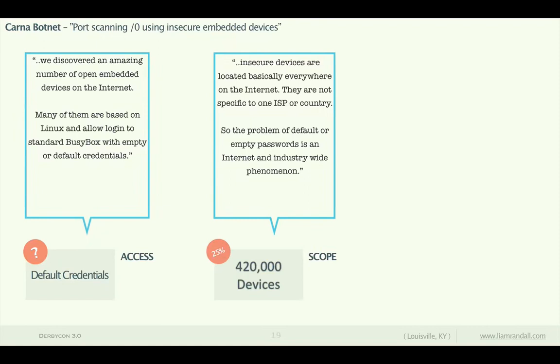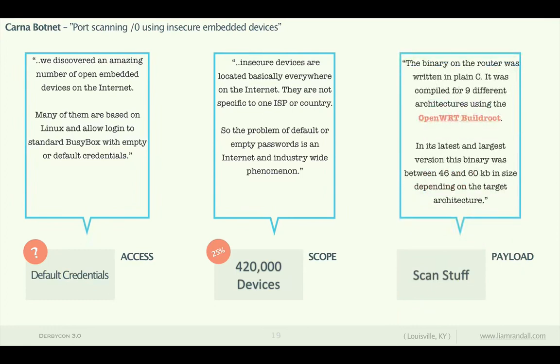They're not specific to one ISP or country, so the problem of empty or default passwords is an industry-wide phenomenon. In the deployment that they performed, they compromised 25% of the devices they found. Approximately 420,000 unique devices were compromised in this one worm.